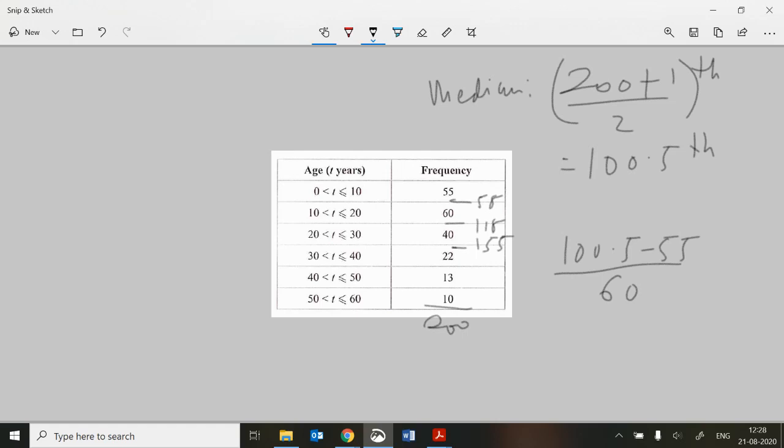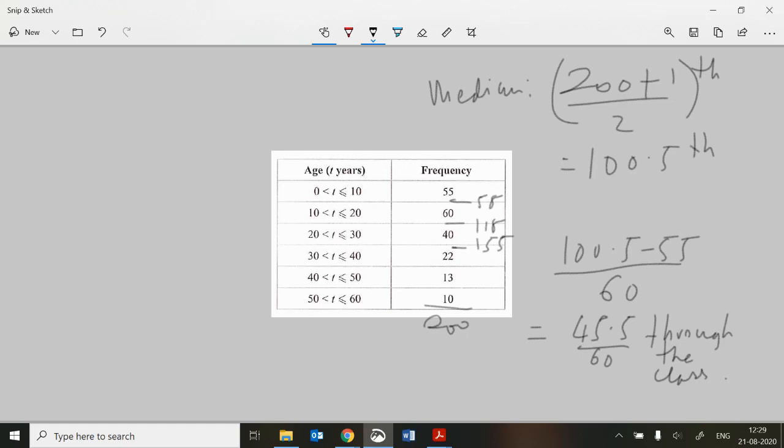So we're getting 45.5 out of 60 of the way through the category. We can say that's through the class width, or the category.